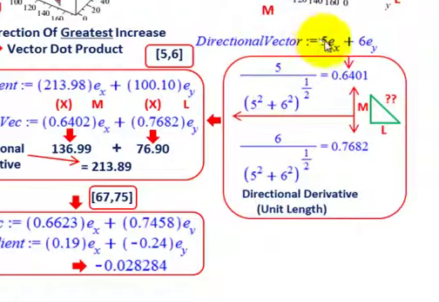So looking at our material here, 5 units of material, and then you divide that by squaring 5 plus squaring 6 here, and then just take the square root of that here and divide that into 5 units here of material, and you're going to get 0.6401 here. So that's how you have to transform whatever directional vector you have into a unit vector here.